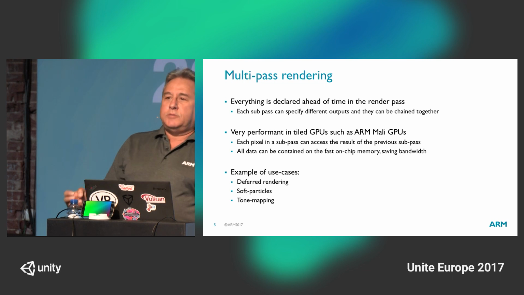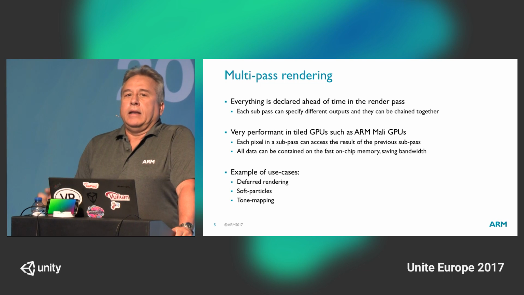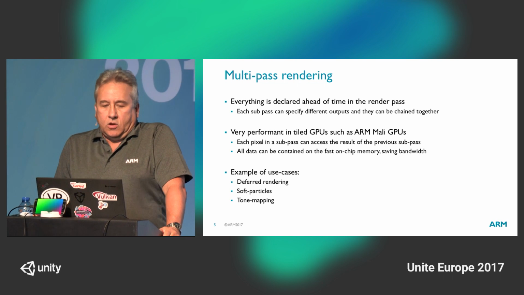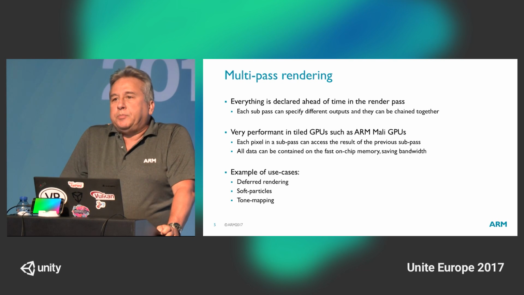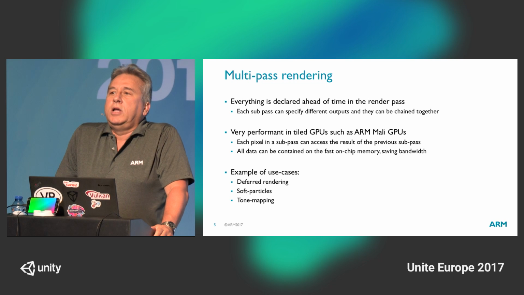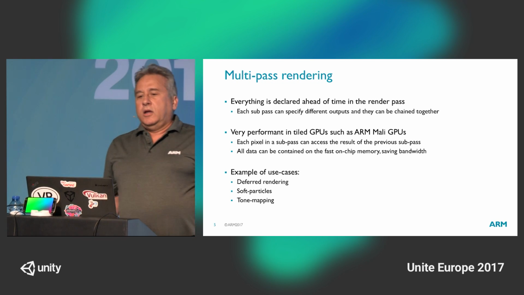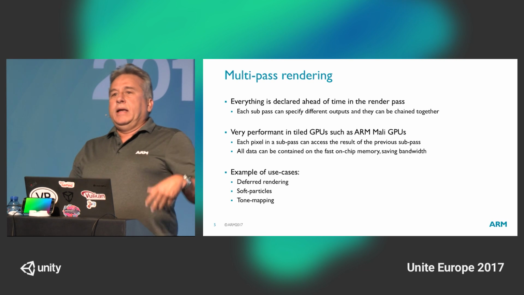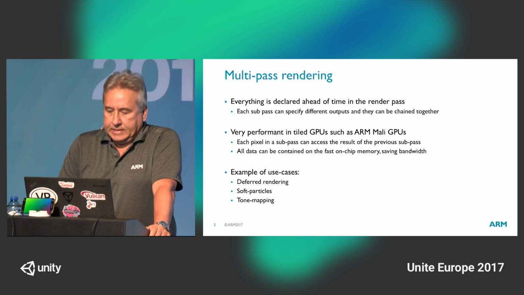It means less bandwidth use, and ultimately, less power consumption, and that also makes the battery last longer. Deferred rendering is a very special, an excellent use case for multipass, as we can define different subpasses for depth pass, G-buffer, light accumulation, or post-processing.